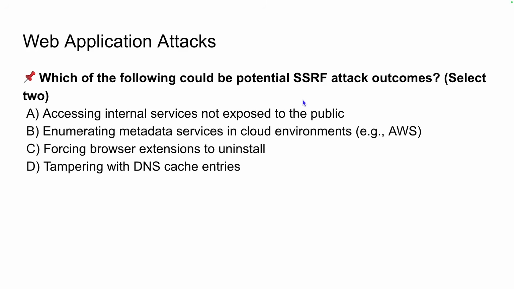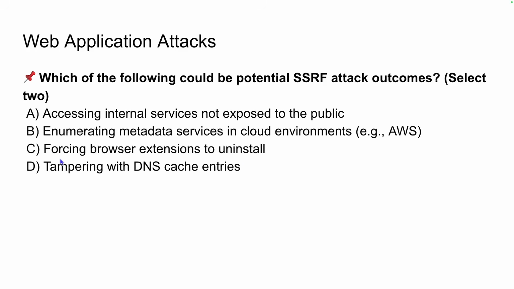So that's definitely one. Forcing browser extensions to uninstall. I don't even know why that's a thing, but it's a browser extension, meaning it's on the client side. So it doesn't apply to server-side stuff, because this is a client-side attack.